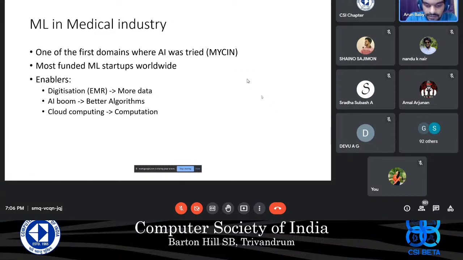As AI is a very data-hungry process, this really boosted the amount of research and applications that came forward.